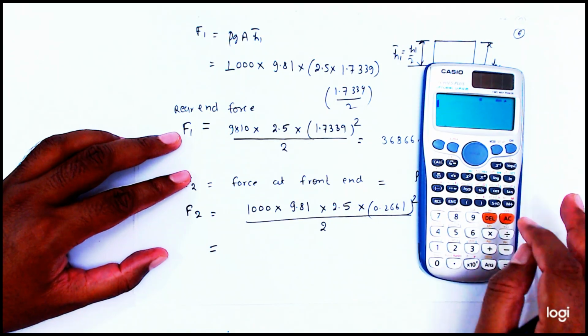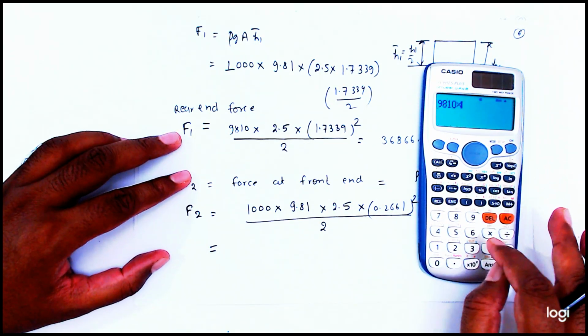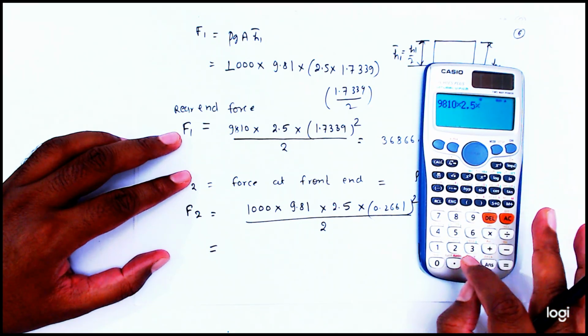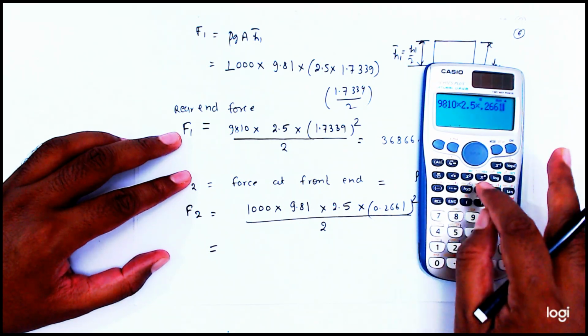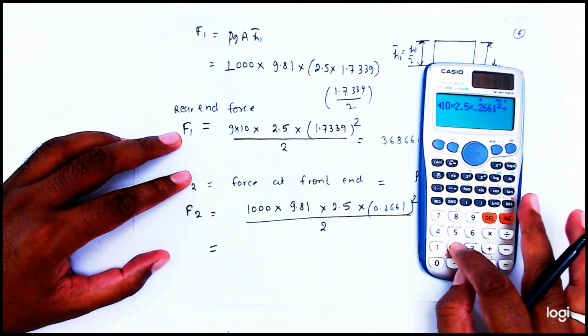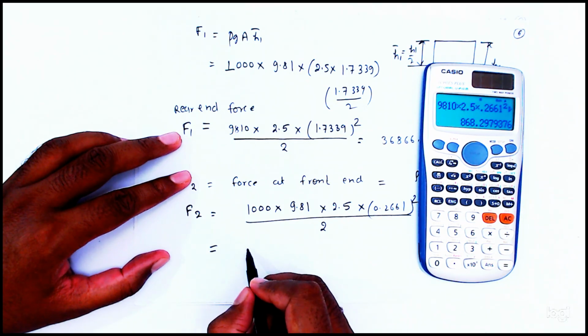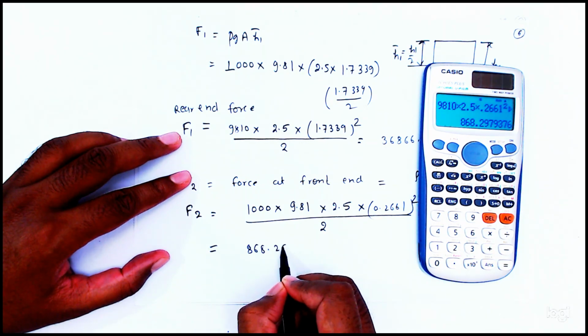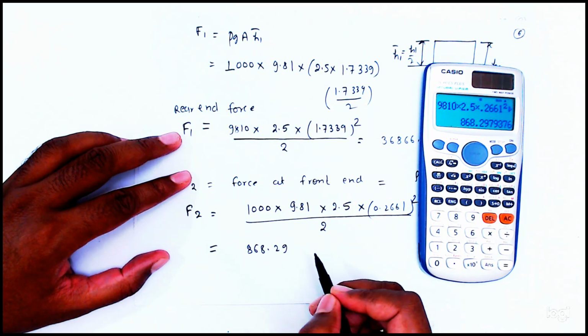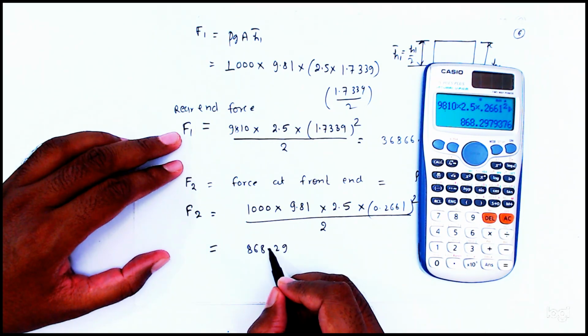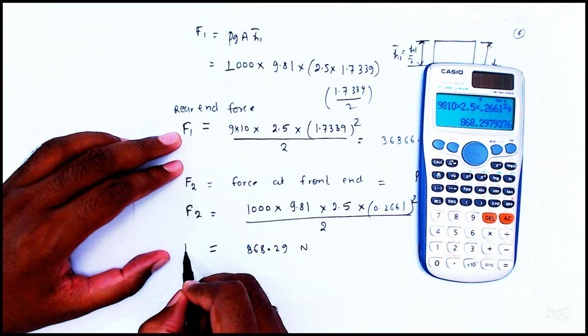So from here we are able to calculate 9810 into 2.5 into 0.2661 whole square divided by 2. So 868.29 Newton it will come.